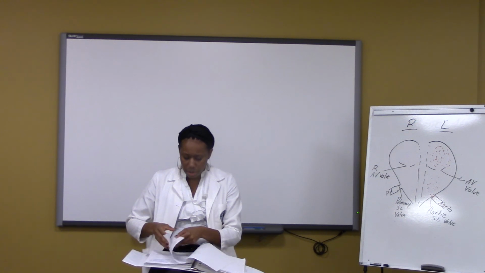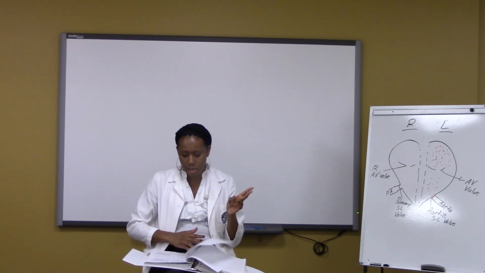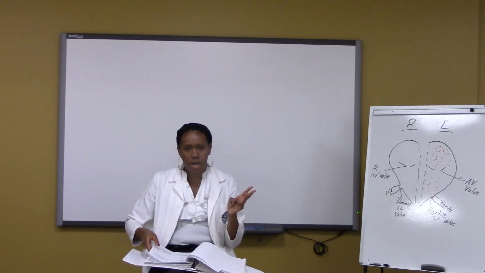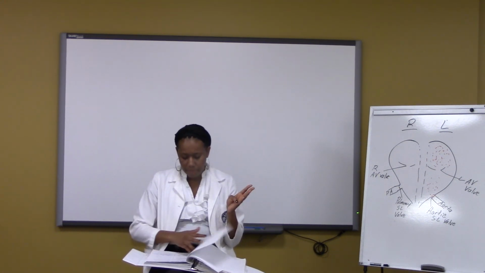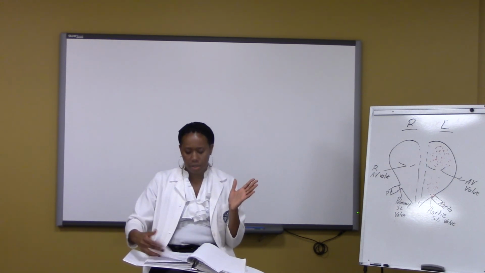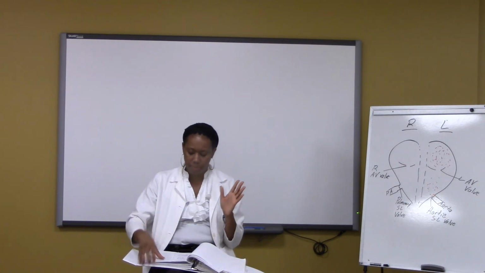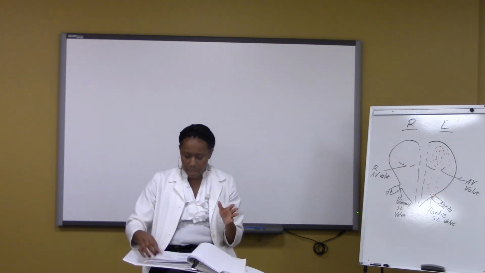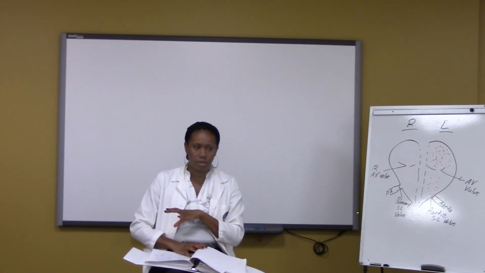So make sure you know in detail cardiogenic shock, obstructive shock, hypovolemic shock, anaphylactic shock, and septic shock. Okay, so those 5 shocks, make sure you know in detail. Also, please make sure you know all of the complications of shock, okay, that can occur.